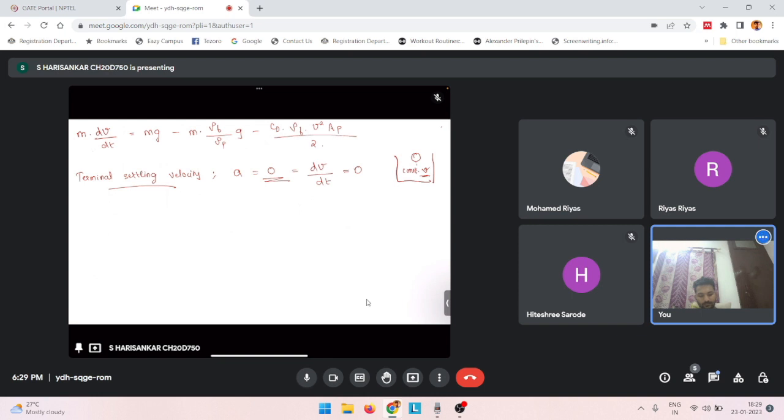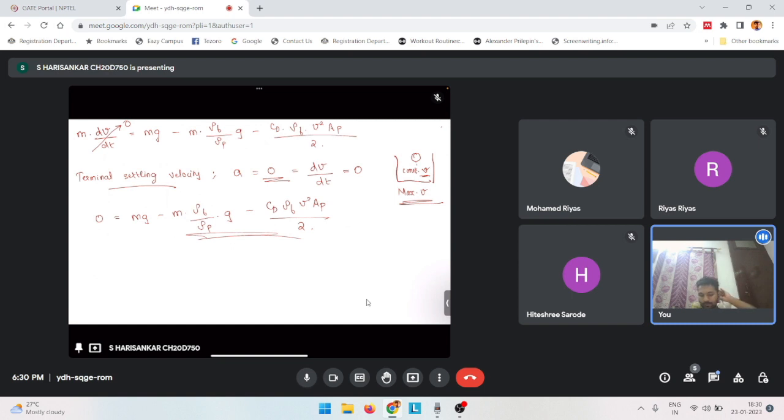So that means this term will be 0, and we get the force balance equation at terminal settling velocity as 0 is equal to mg minus m into rho f by rho p into g minus CD rho F v square Ap by 2. Free settling velocity is where the acceleration of the particle is 0. That means the particle is settling at a constant velocity, and this constant velocity is the maximum velocity at which this particle can settle in that given situation.